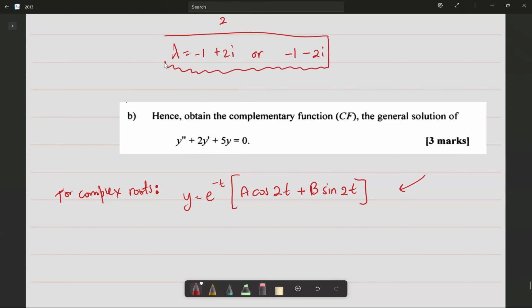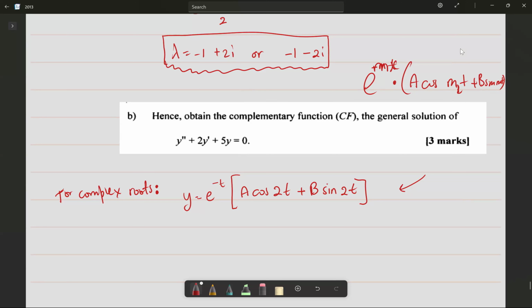Because they're complex, it's written in the form e to the real part times x, multiplied by a cosine of the imaginary part plus b sine of the imaginary part. Yeah, this is what I was asking.